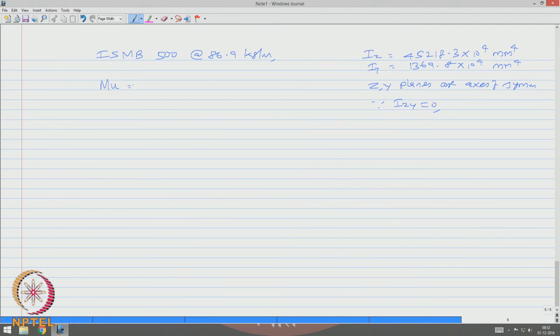MU I want to resolve, which is M cos 2 degrees, and MV is minus M sin 2 degrees. So, now we have the properties of the section, we have the moments, let us find the stress.